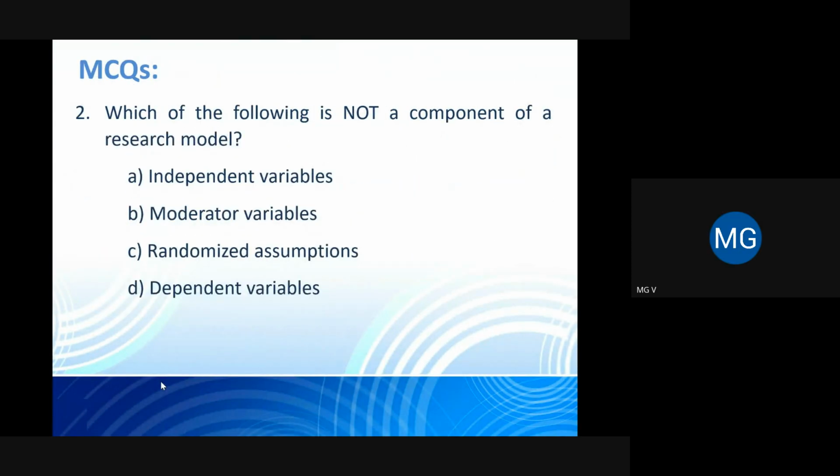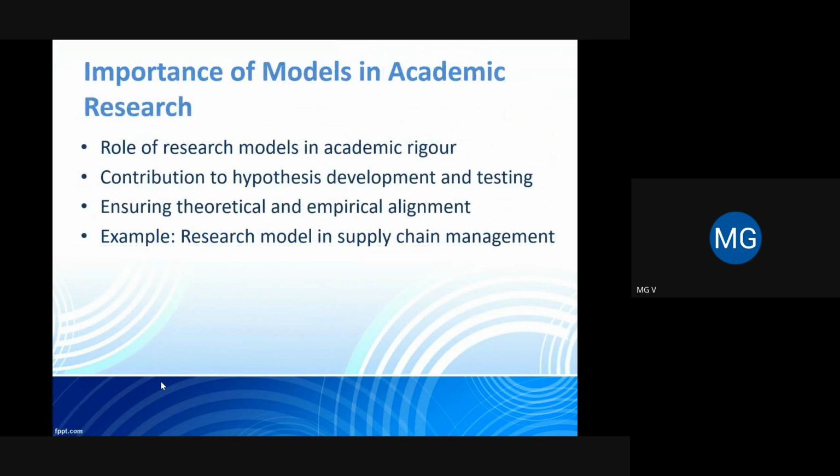After this, we have gone through the concept of importance of models in academic research, wherein we have gone through the role of research models in academic rigor, contribution to hypothesis development and testing, ensuring theoretical and empirical alignment, and then one example.